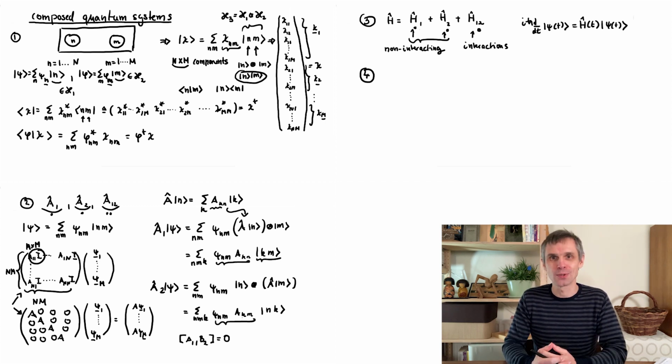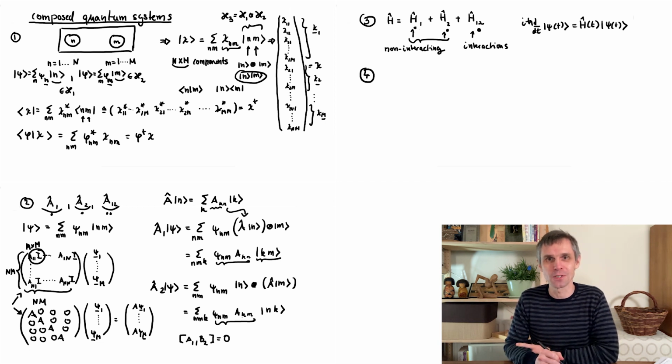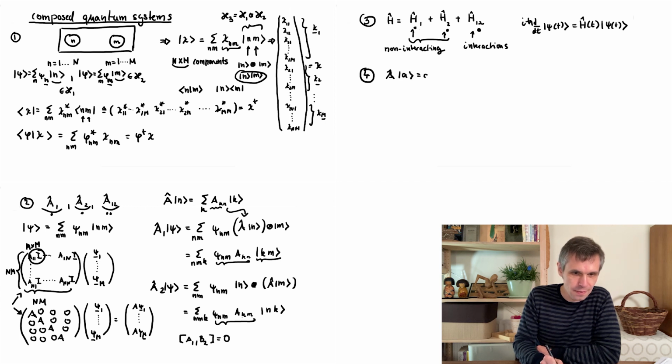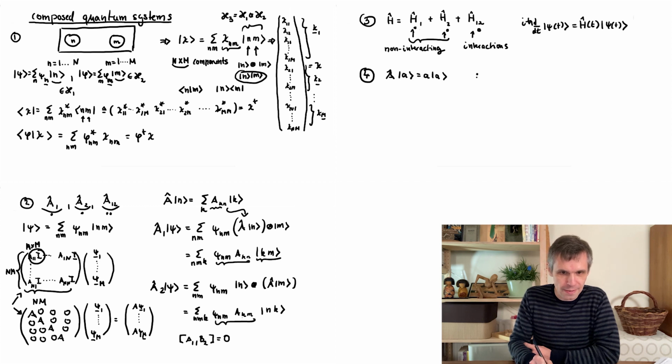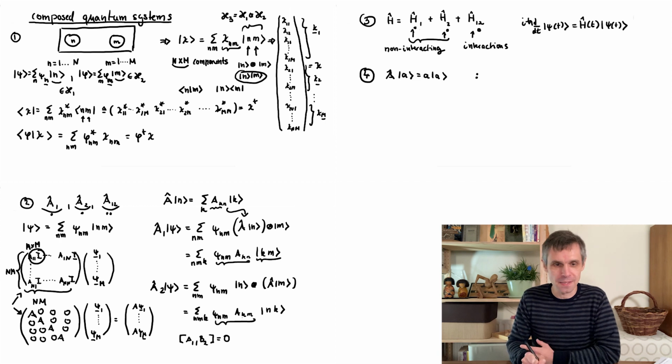But we can now start to ask interesting questions. For instance, what are the eigenstates of one of these observables of just one part of the system? And this is indeed quite simple. For instance, if we look at an observable which has eigenvalues A and associated eigenstates just labeled by the eigenvalues, and then we want to work out what the corresponding eigenstates and eigenvalues are for these operators acting on one part of the system.